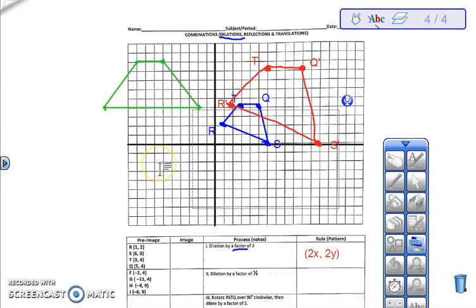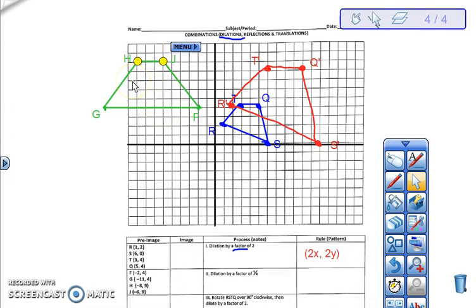We had F. We had G. H, at J. So let's see, it looks like H is a little bit off.